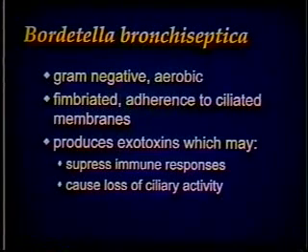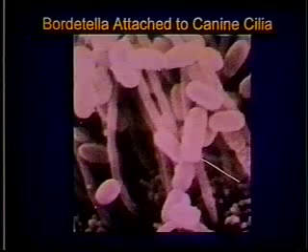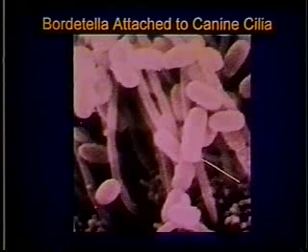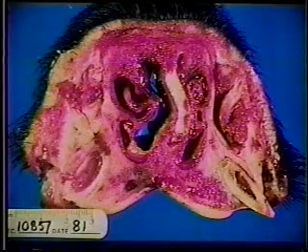There seems to be no relationship between the disease in swine and the disease in dogs. Nevertheless, it is the same organism, and these adhere to the cilia of the respiratory tract, as is shown in this slide, and the control is aimed toward preventing this adherence through the use of intranasal vaccines.